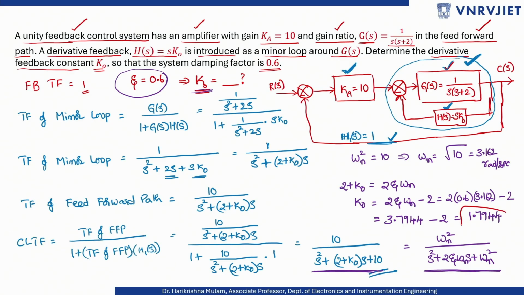Therefore, the K naught value is equal to 1.7944 in order to have a damping factor of zeta equal to 0.6. This is how you need to solve this problem.